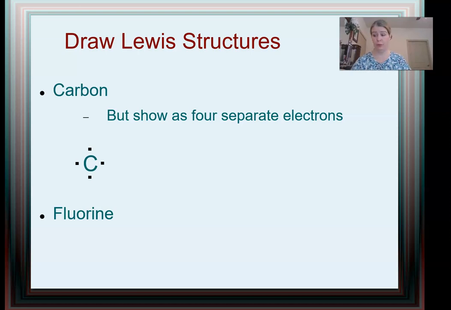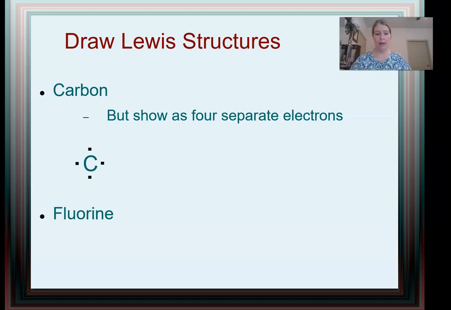Okay, so fluorine is element number 9. So if I come up here and count across the periodic table, lithium, beryllium, boron, carbon, nitrogen, oxygen, fluorine, that would be 7 valence electrons.